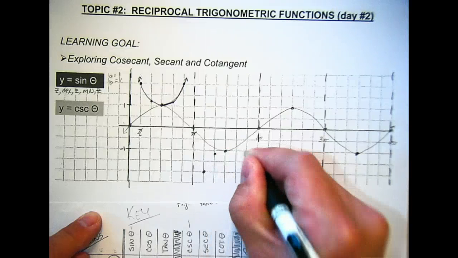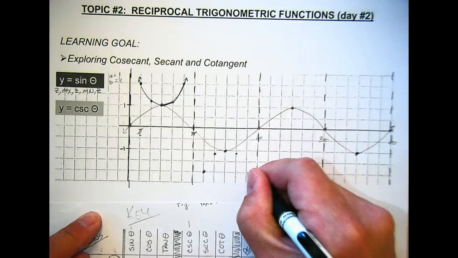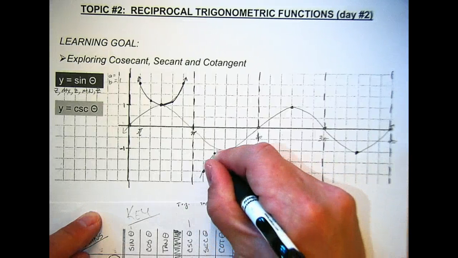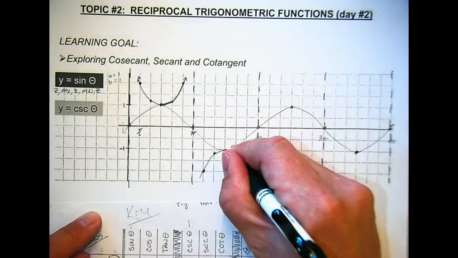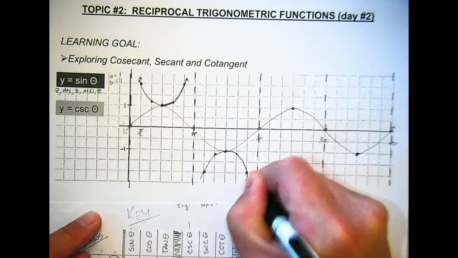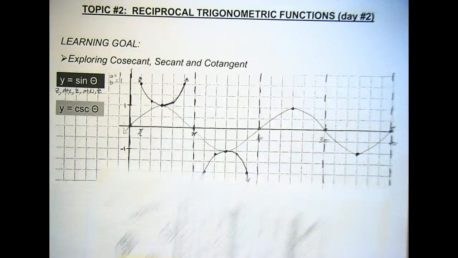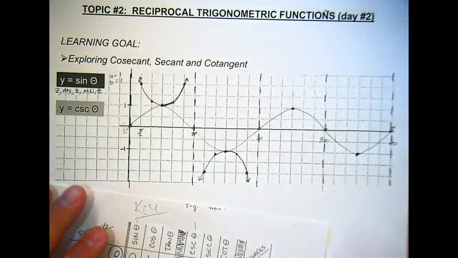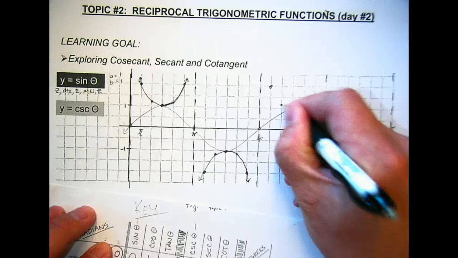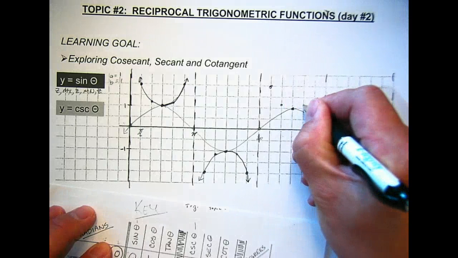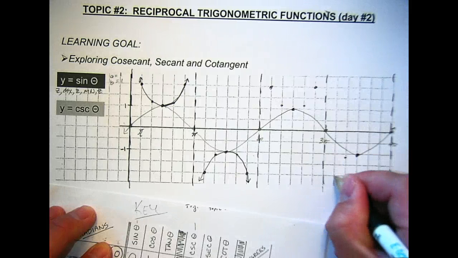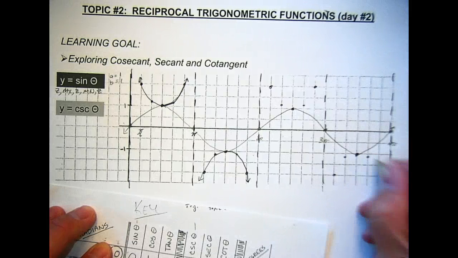And then it hits, and then you get that reflection. So once you've found one set of curve, everything repeats itself. All right, and you can use your table here to help yourself out, but this is going to be the same. We're going to have our 2, our 1.2, our 1, our 1.2, and our 2. And this over here is going to be negative 1.2, and we got negative 2, and negative 1.2, and negative 2.